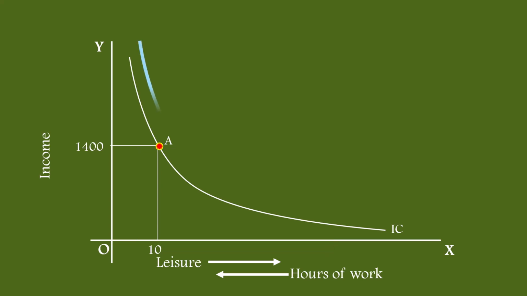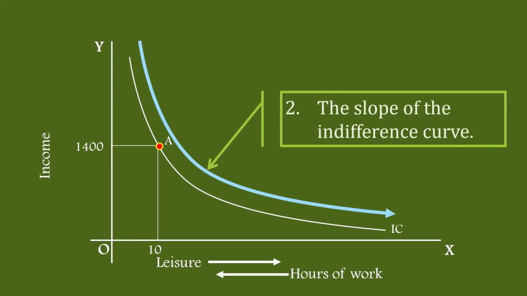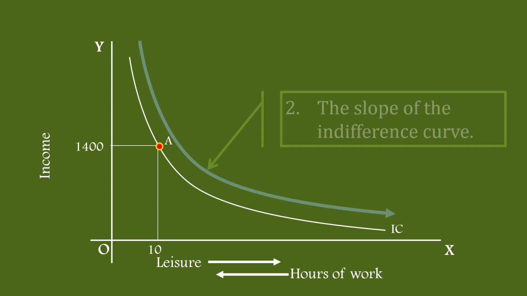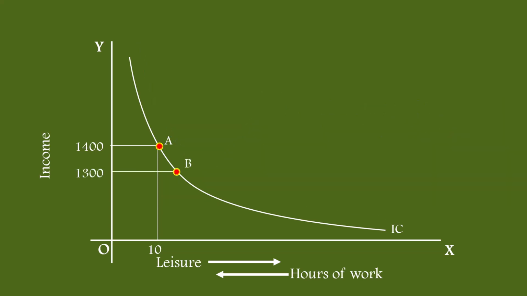We shall turn to the slope. Let us take another combination B along the indifference curve to the right of combination A. It represents 1300 rupees of income and 11 hours of leisure.